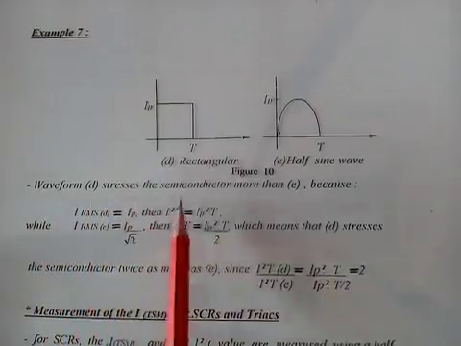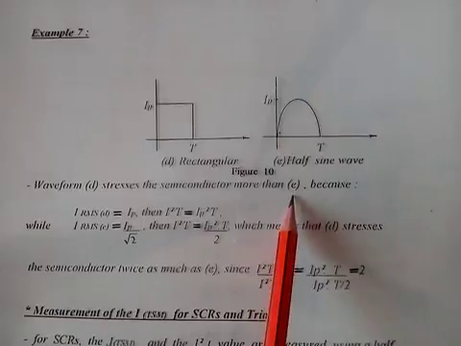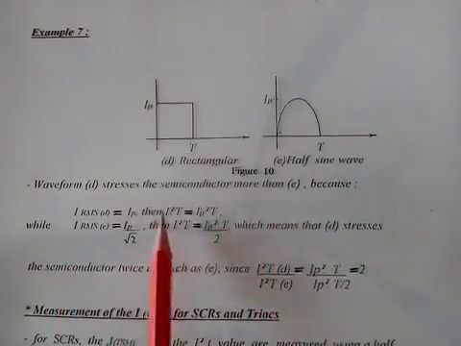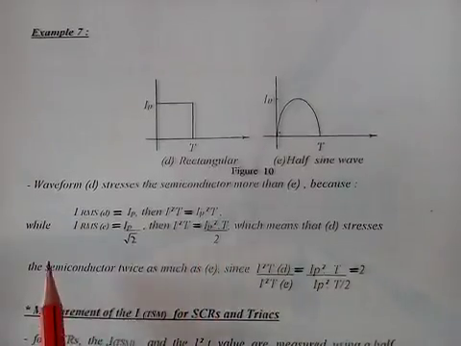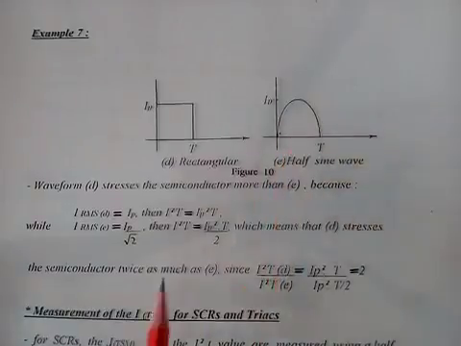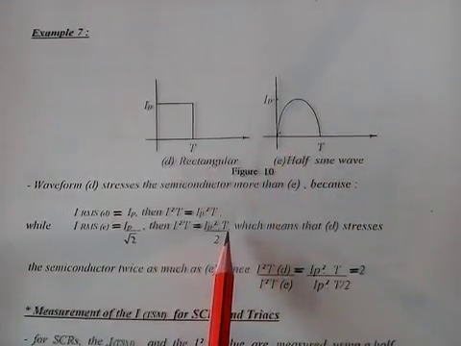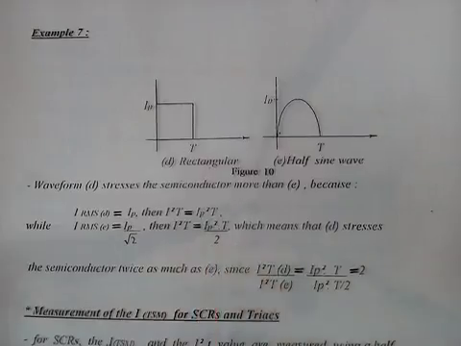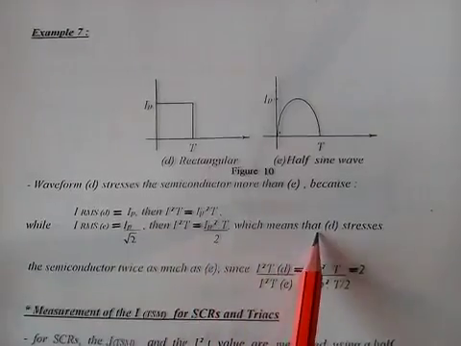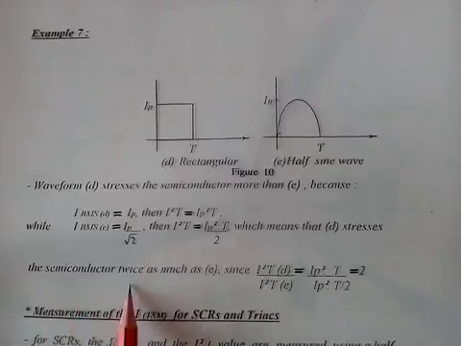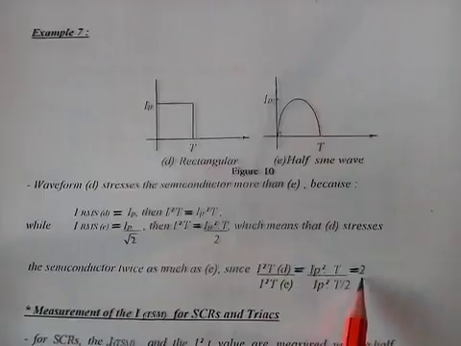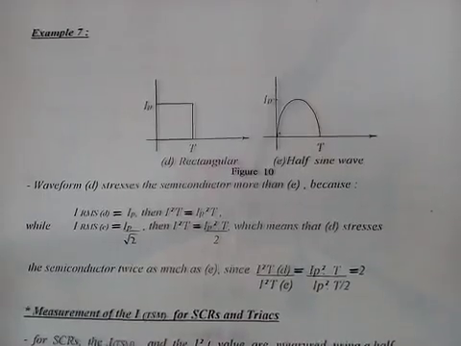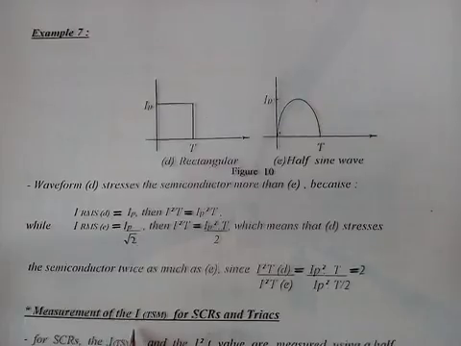Waveform D stresses the semiconductor more than E, because the I square T for it, of course, will equal I peak squared multiplied by T, while the half sine wave will equal I peak squared multiplied by T divided by 2, which means that D stresses the semiconductor twice as much as E. Measurement of the I surge mode for SCRs and TRIACs.